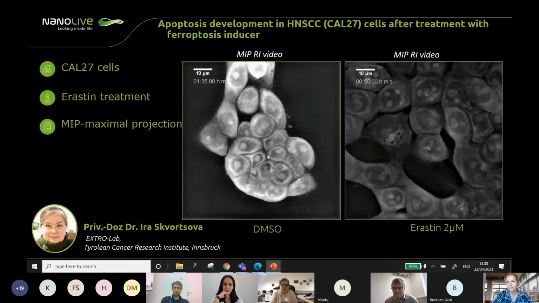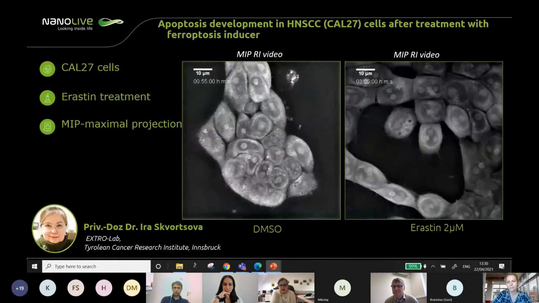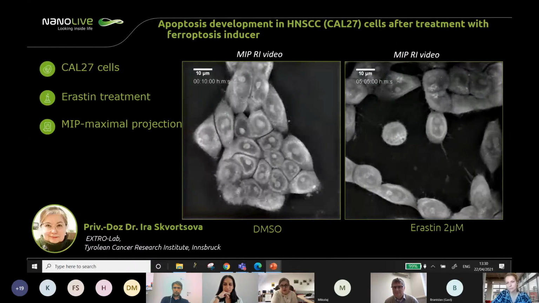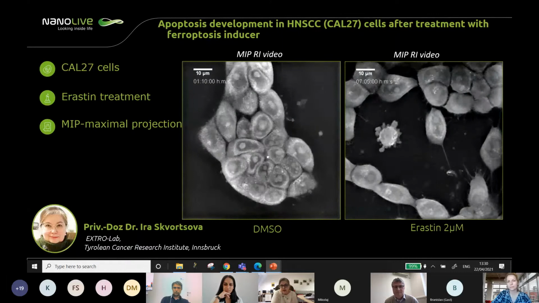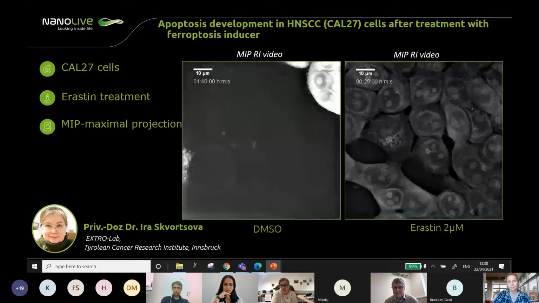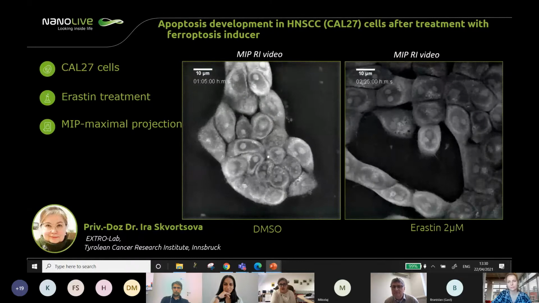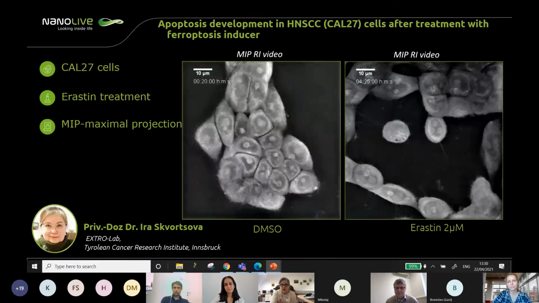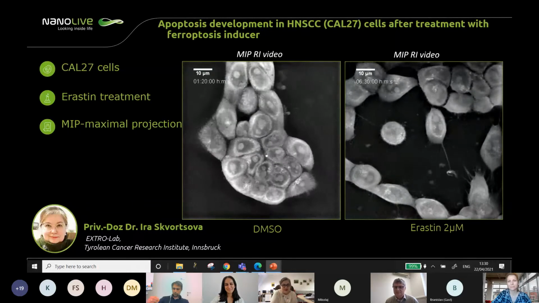When we observed it, I tried to find literature about their behavior during apoptosis, and it seems this is common for different cell lines. It is especially interesting that this cell line is not very sensitive to the treatment, and therefore all other cells survived, and this cell wanted to die.